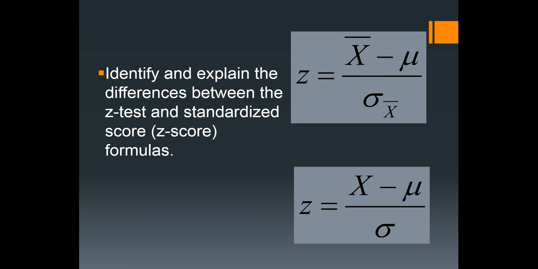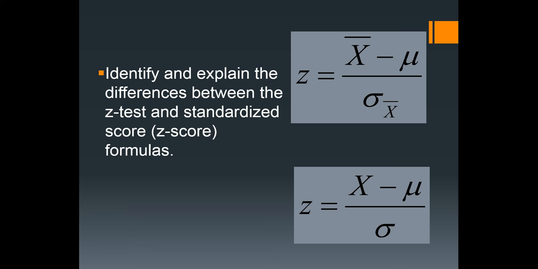So the difference between these formulas is kind of slight. At the top here we have the z-test formula, which has the sample mean minus the population mean over the standard error of the mean, and the formula at bottom is our z-score formula, which has an individual observation minus the population mean over the population standard deviation.